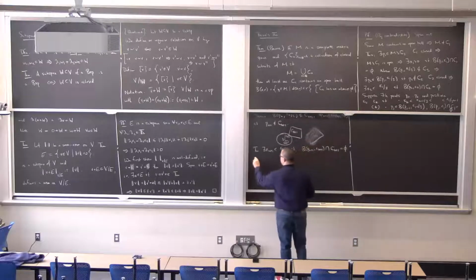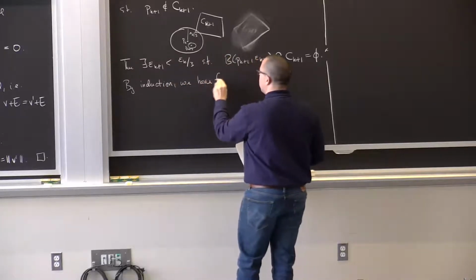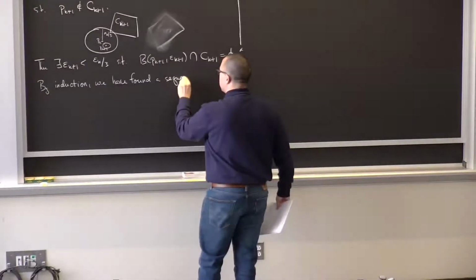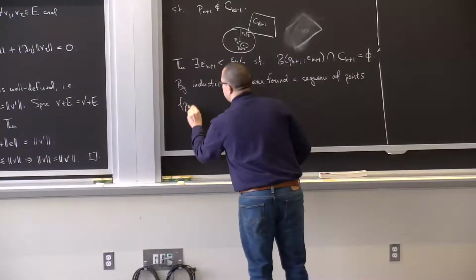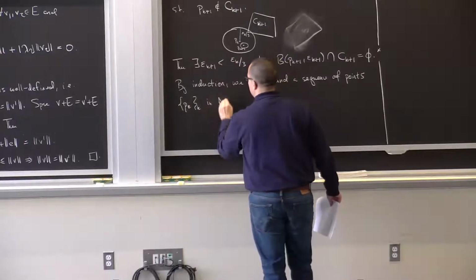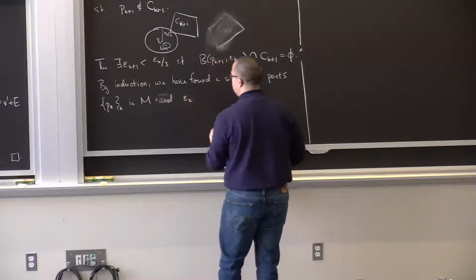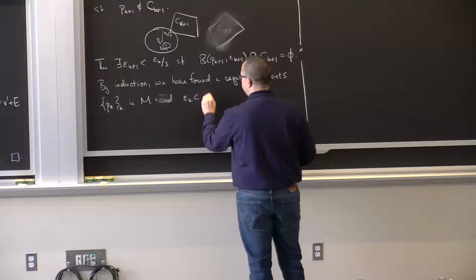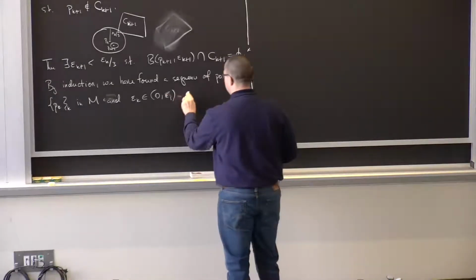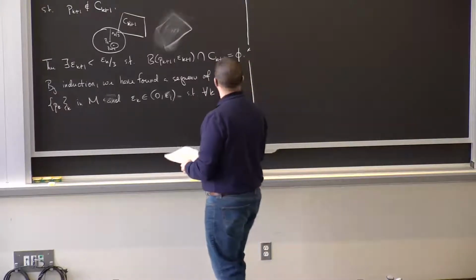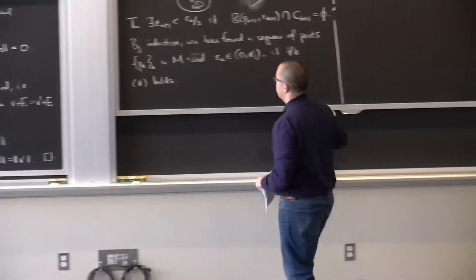So by induction, we have found a sequence of points p_k in M and epsilon_k, so if you like, k starts at 1, such that for all k, those two bullet points hold, which I put a little star by, star holds.